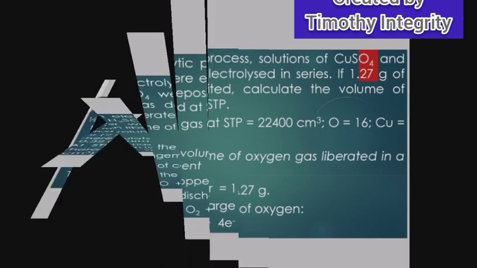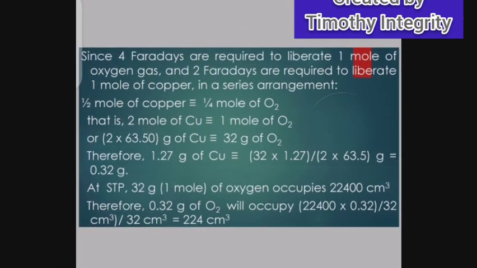Since 4 Faradays are required to liberate 1 mole of oxygen gas, and 2 Faradays are required to liberate 1 mole of copper, in a series arrangement, it follows that 2 moles of copper is equivalent to 1 mole of oxygen.